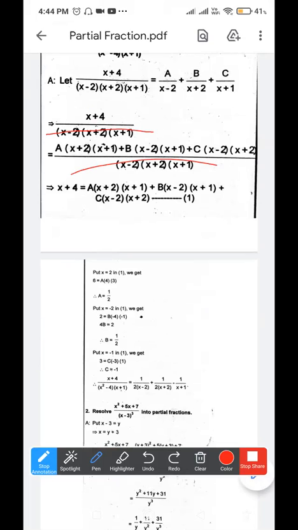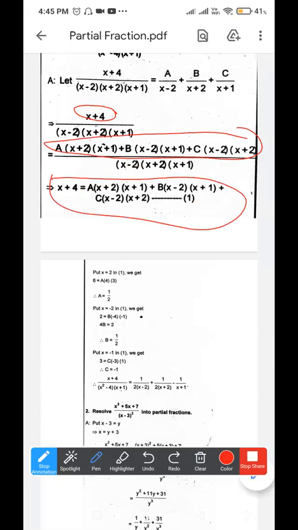What is left? x + 4 is equal to A(x + 2)(x + 1) plus B and C parts. We are just writing this part and calling it equation number 1.